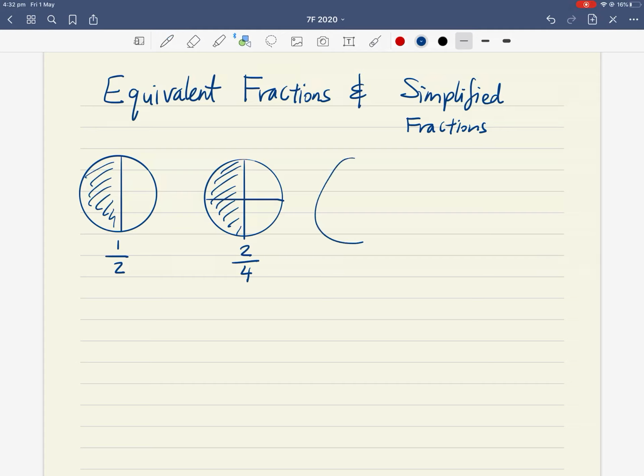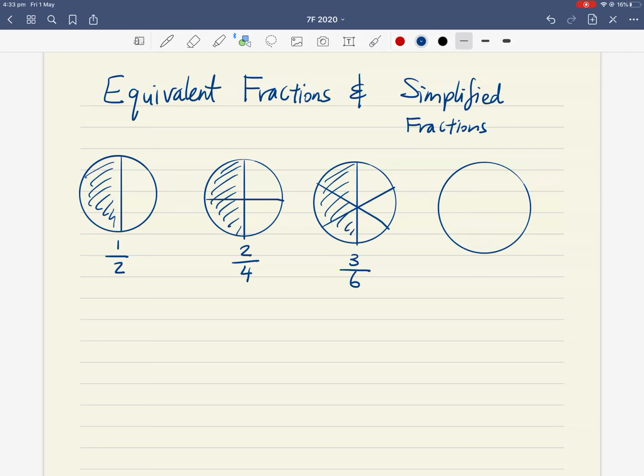Or even if you want to step it up, you want to cut your pizza into 6 equal slices. And then you want to take out half the pizza, so you actually take out 3 out of 6 slices of pizza to get half a pizza. And the same is true if you decide to chop your pizza up into 8 slices.